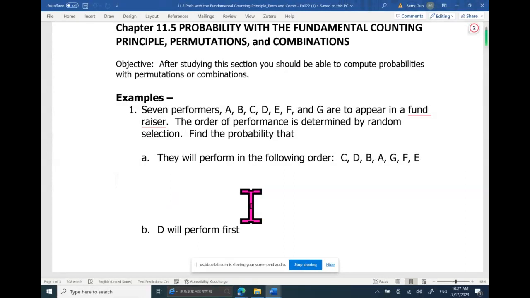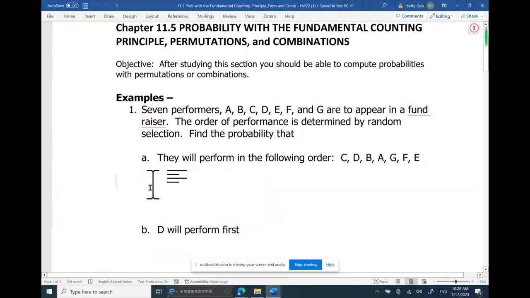We should have 7 factorial possible outcomes, or P(7,7), that many ordered arrangements for the 7 performers. And that's the experiment and the sample space. So obviously this is a classical model, or theoretical model. Under such a model, we're going to find part A, the probability that they will perform in the following order.